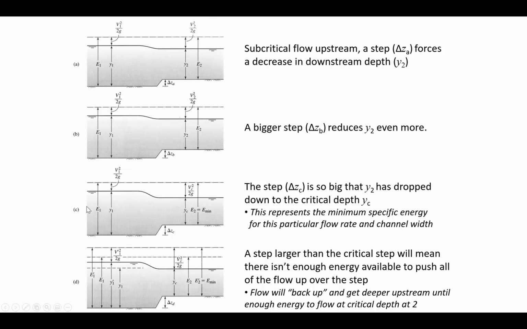Now here in case C, you may remember that we said 2/3 of the specific energy exists as depth when it's critical flow, and 1/3 of the specific energy exists as velocity head when conditions are critical. So that's just when you've got critical conditions that there's the 1/3, 2/3 distribution between flow depth and velocity head.